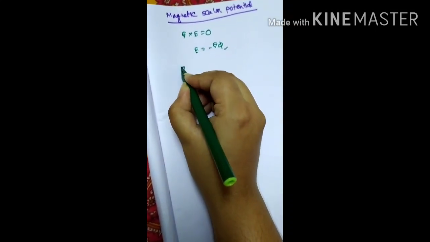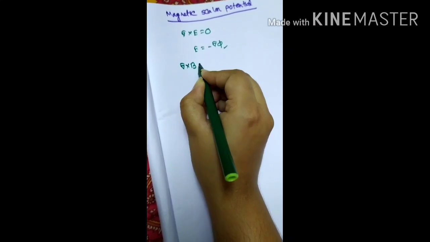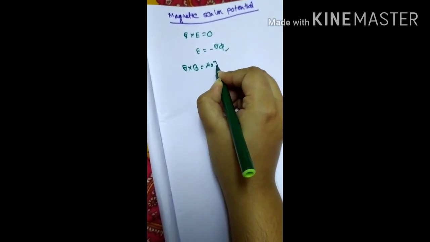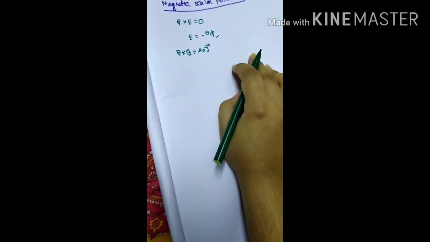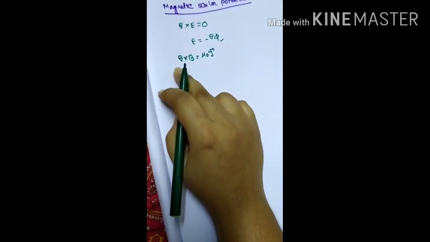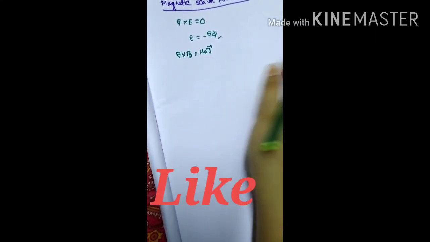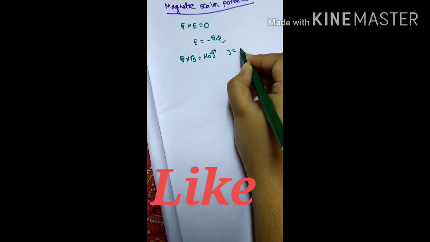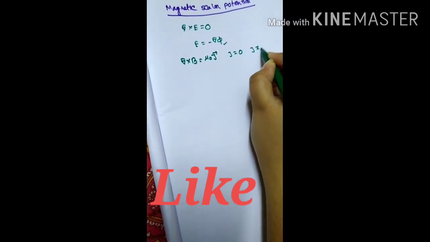Similarly, in a magnetic field, we know that curl of B equals mu 0 J, where J is the current density. Here curl of B is not equal to 0 when J is not equal to 0.